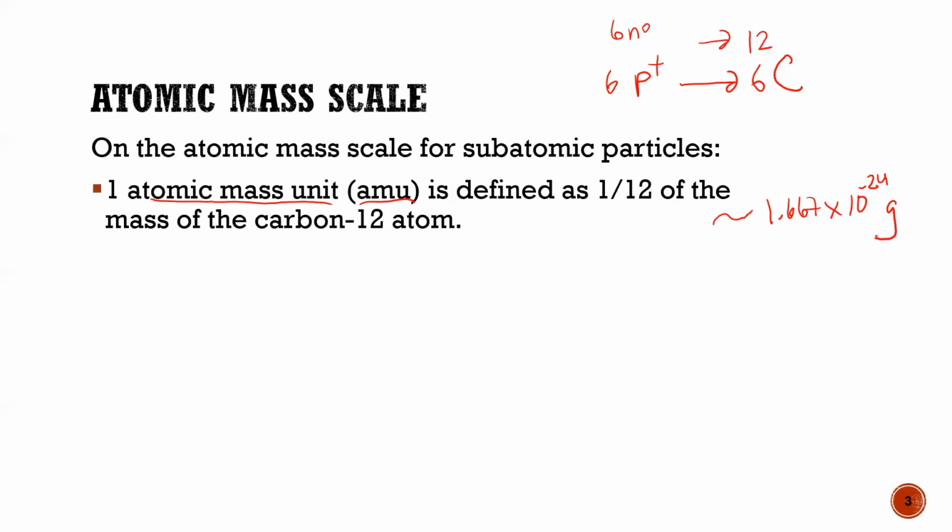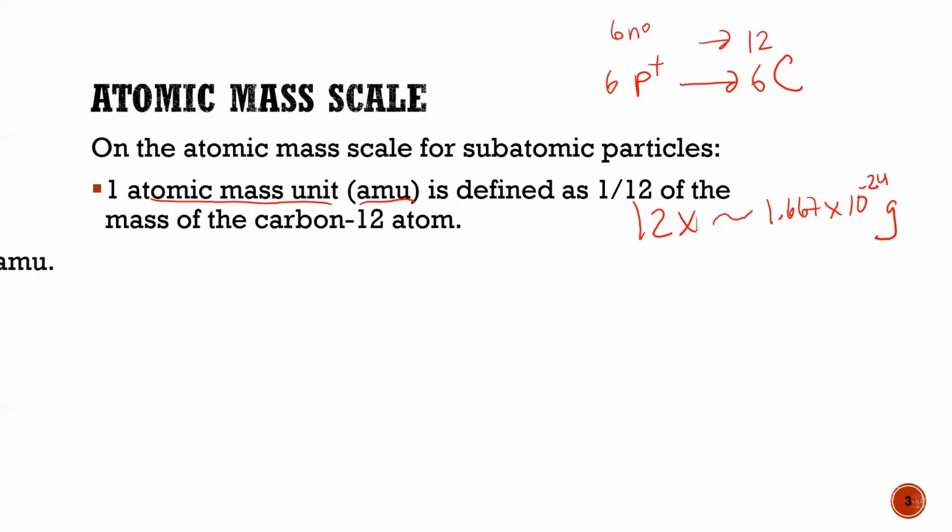So the mass of carbon is 12 times that, basically 12 AMU. It's a lot easier than punching 12 times 1.667 times 10 to the negative 24 into your calculator to just say carbon is 12 atomic mass units, 12 AMU.